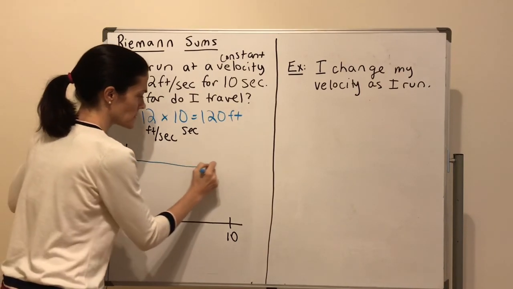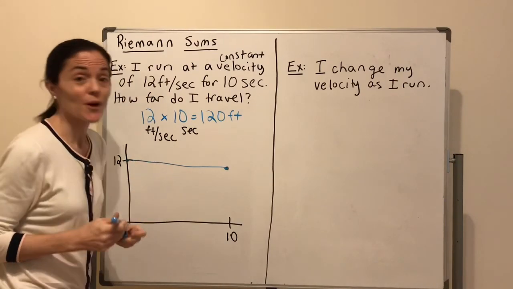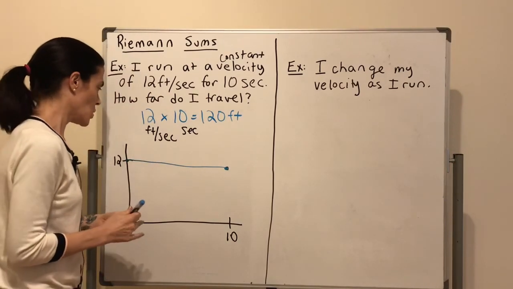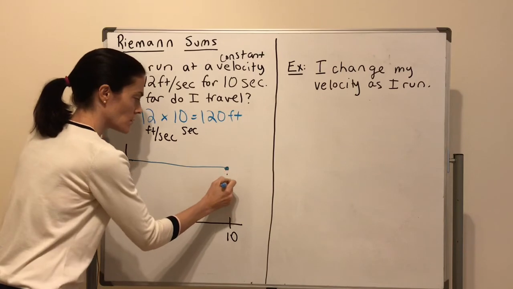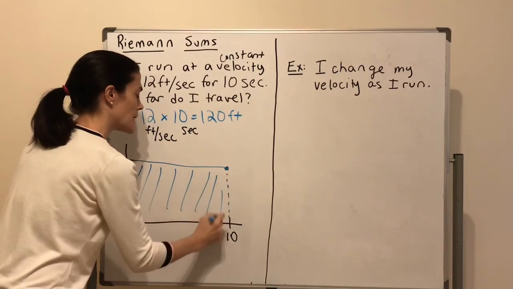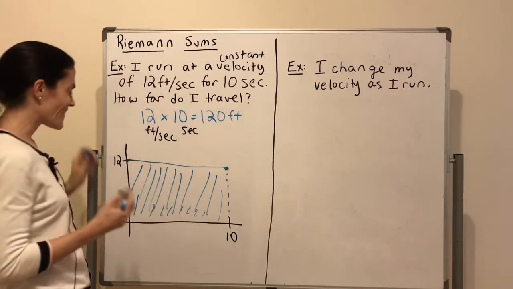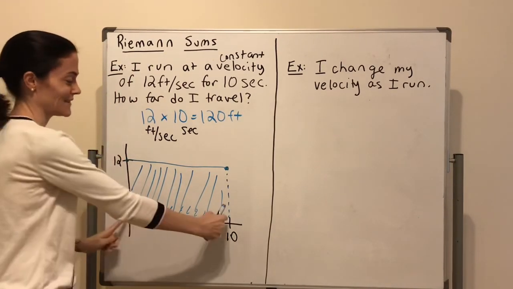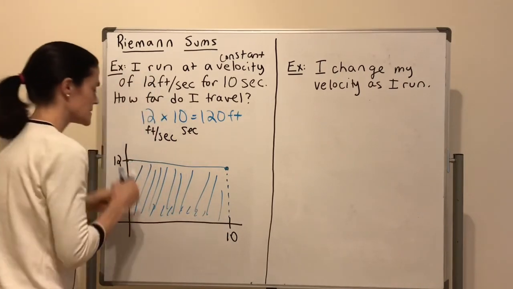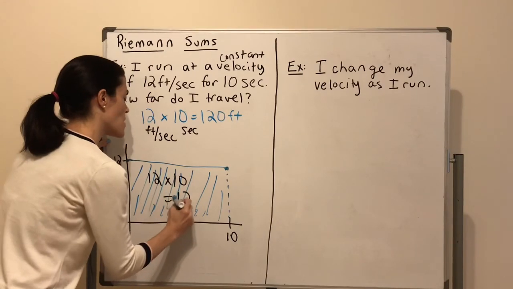It is a line segment. And this number 120, well, it's this area here, right? Because what is this area? Well, it's 12 times 10. So this area is 120.